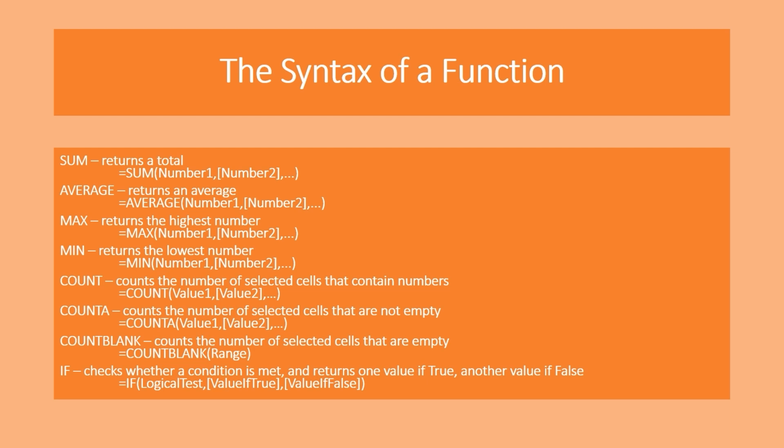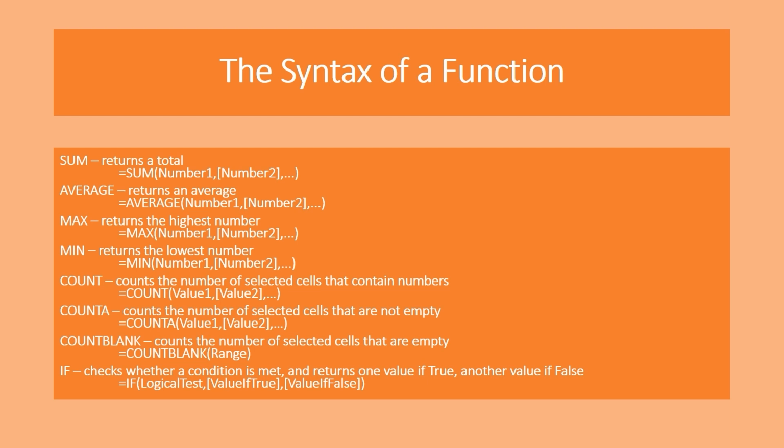So count counts the number of selected cells that contain numbers, only numbers. CountA, and you can think of it as count all in a way, will count the number of selected cells that are not empty. So it could be numbers in the cells, it could be text.